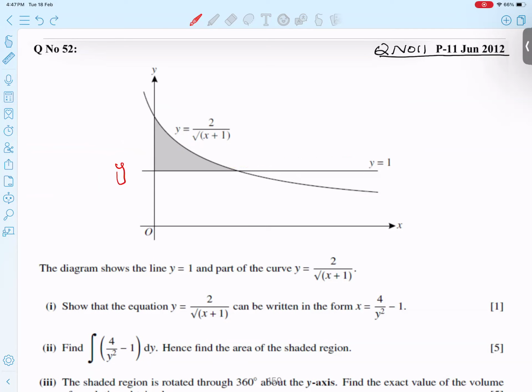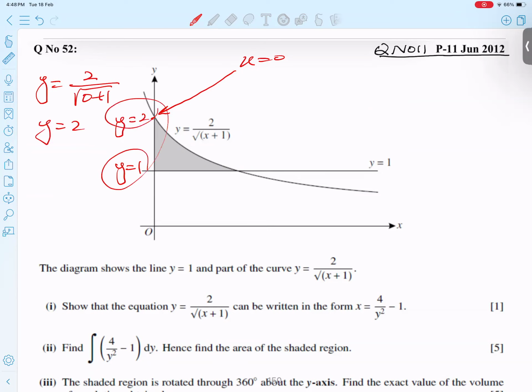So here the y value is 1. But what is the y value here? Because at this point the line cuts the y-axis, so at this point x is confirmed 0. When I plug in x equals 0 here, students, what will happen? y equals 2 over 0 plus 1, and I get 2. So the lower limit is 1, the upper limit is 2.